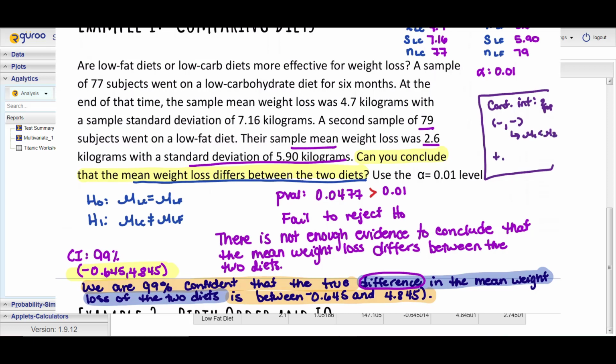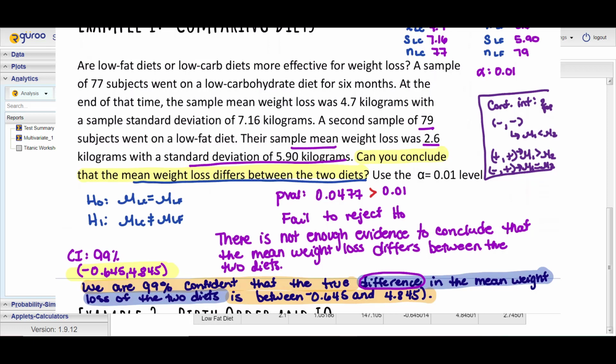If you get 2 positives, that means that mu1 is greater than mu2. So if you get a negative and a positive, it means that mu1 most likely is equal to mu2. Now, again, we can't say that's definite, but most likely it is. And that's because 0 is included.